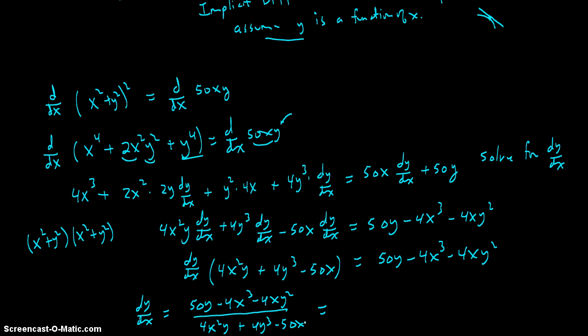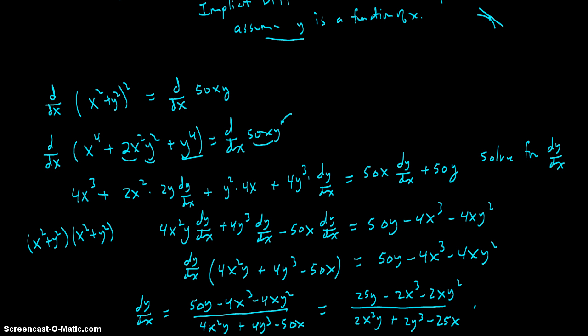Now we could factor a 2 from the numerator and a 2 from the denominator, and they'll cancel. So factoring and canceling a 2, we get 25y minus 2x cubed minus 2xy squared on the top, and we get 2x squared y plus 2y cubed minus 25x on the bottom.